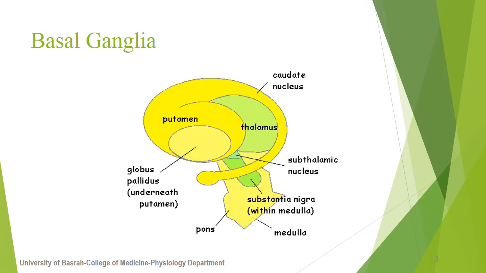We need to memorize the names of these nuclei, because each has its own function, its own neuronal connections, and its own neurotransmitters, and pathological lesions or damage within each of these nuclei cause a specific disorder with specific signs and symptoms. So we need to know the names because they are separate and have different functions and roles.